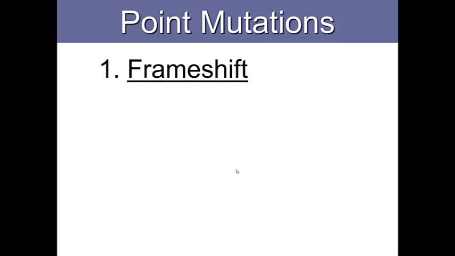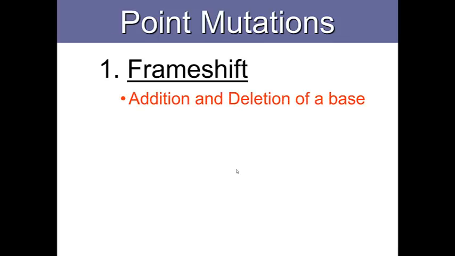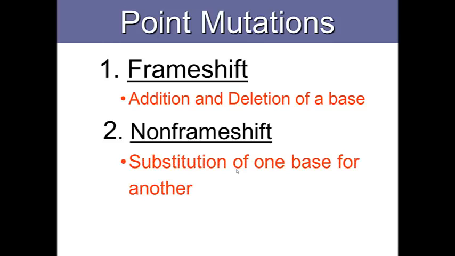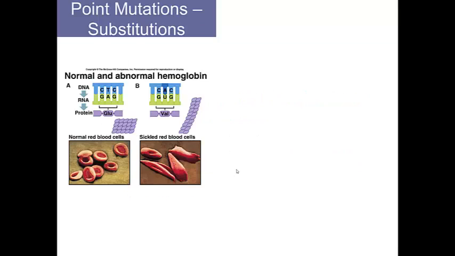Point mutations can come in a variety of flavors. One is a frameshift mutation, so that's the addition or deletion of a DNA base. The other one is non-frameshift, so it's substituting one base for another. So in the case of what we're talking about, substituting adenine for thymine or cytosine for guanine or whatever.